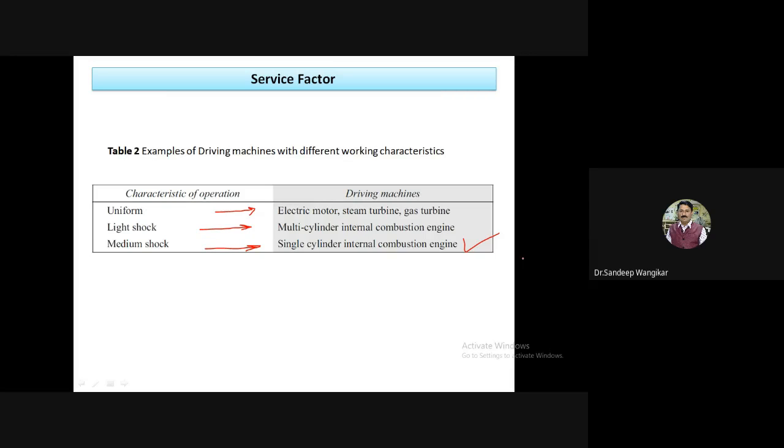So for driving machines, when we call it uniform, electric motor rotating at 1440 RPM, no external disturbances. Light shocks, when the power source is like a multi-cylinder IC engine, so there are some shocks, and only single cylinder is there, then depending upon the strokes, it will vary.